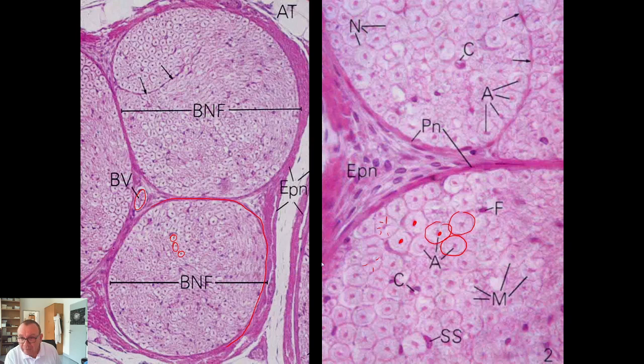And nuclei are here. Some of them can be fibroblasts of endoneurium, but more nuclei belong to Schwann cells. Schwann cells have got ovoid nuclei.